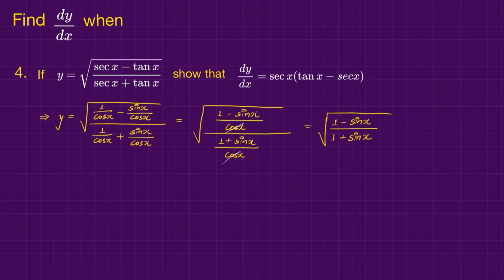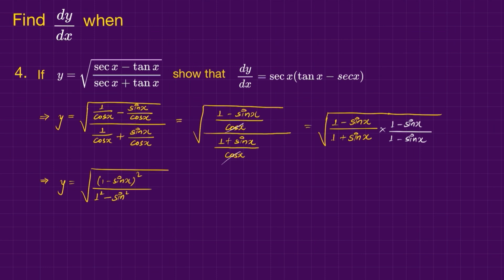Now let us rationalize the denominator. In order to rationalize, let us multiply with the fraction 1 minus sin x divided by 1 minus sin x. Doing so, we get y equals root over 1 minus sin x whole square divided by 1 square minus sin square x, because that is the product of sum and difference of the same thing.